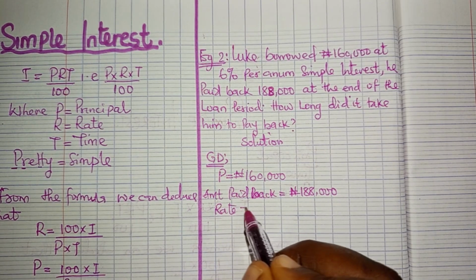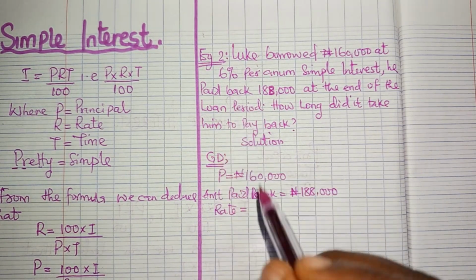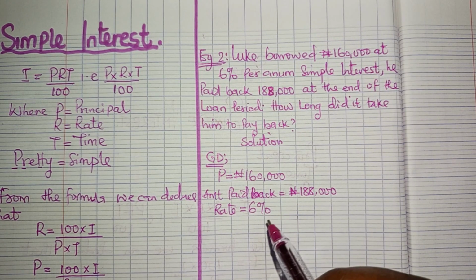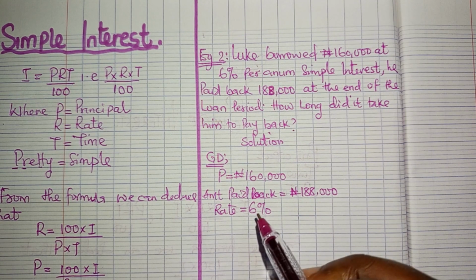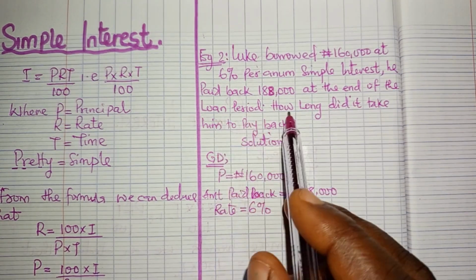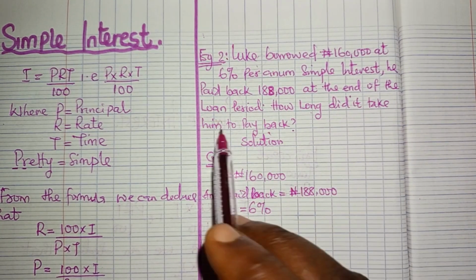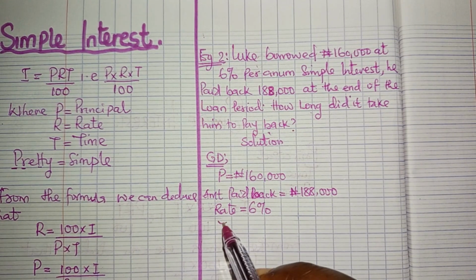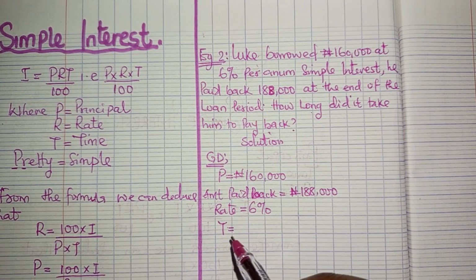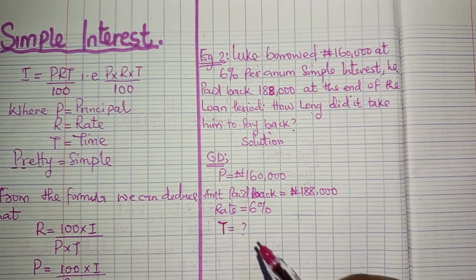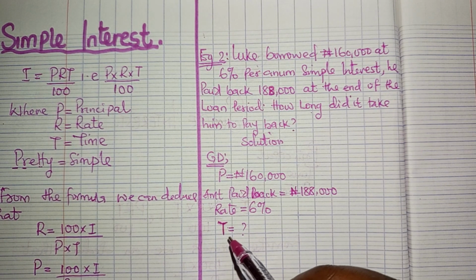Then the rate that was given to us is 6%. At the end of the loan period, how long did it take him to pay back? So from this question, we are looking for time. We are looking for time, T.